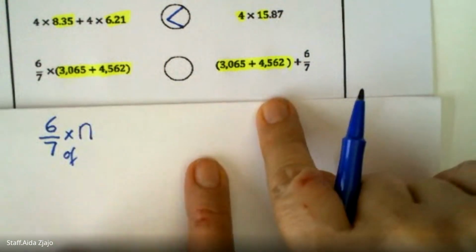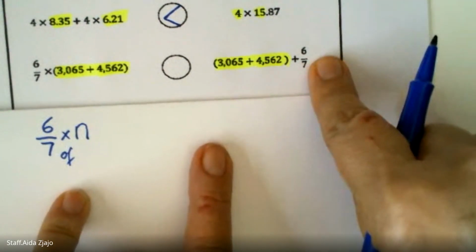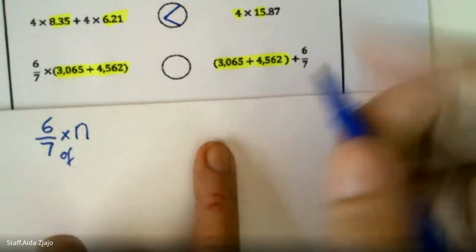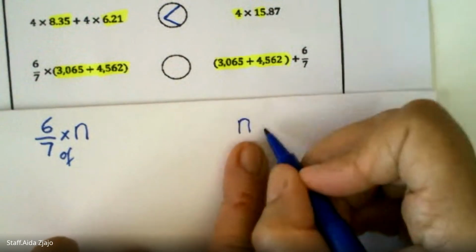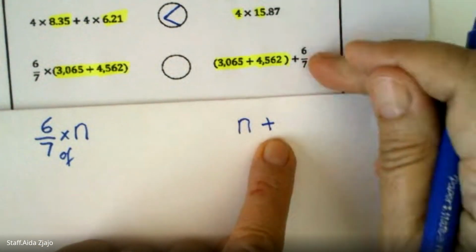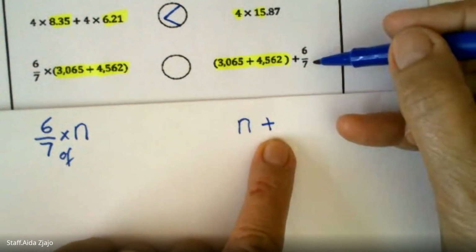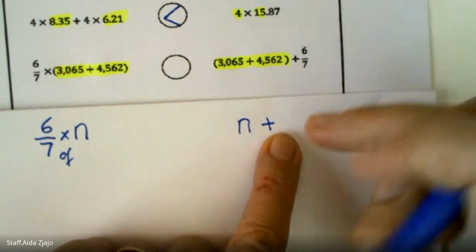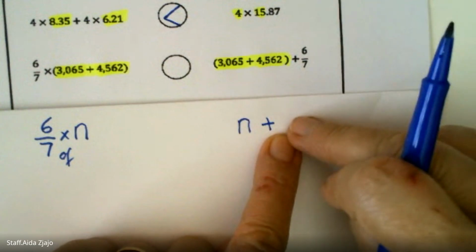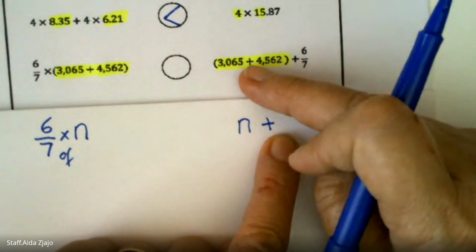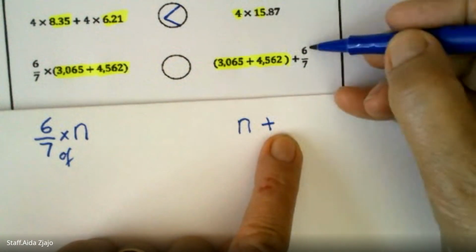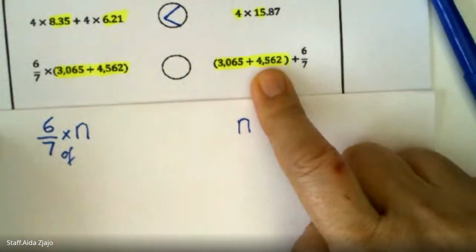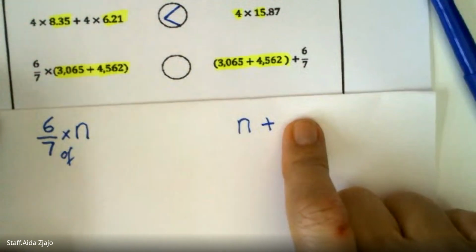But here we will have this number n, and then we will add to that 6/7. So 6/7 is less than a whole, but still it's going to be more than this. If we add 6/7, it's almost 1.